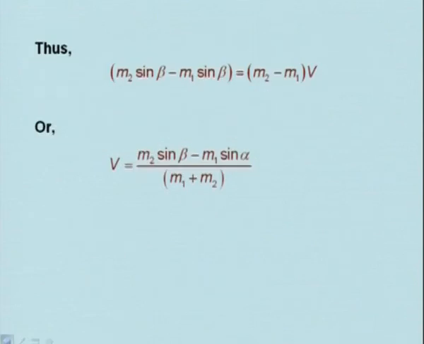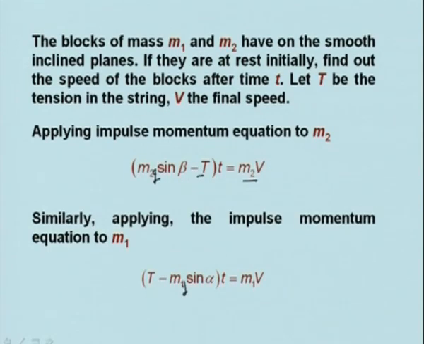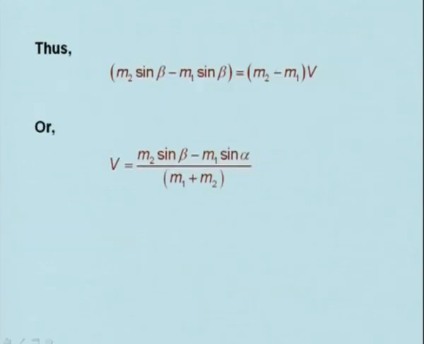Then what we can do is add these two equations. So, we get M2 g sin beta minus M1 g sin alpha, times t, is equal to M2 plus M1 times v, or we get v is equal to M2 sin beta minus M1 sin alpha, divided by M1 plus M2, times g t.